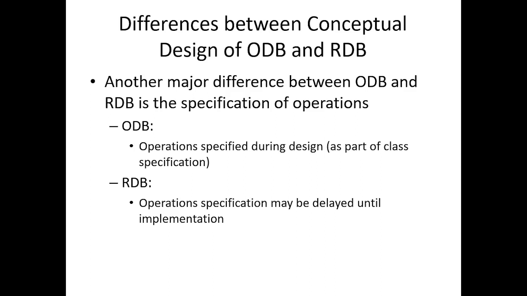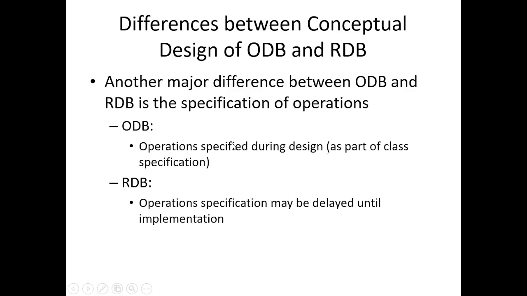Another major difference between ODB and RDB is the specification of operations. In ODB design, it is necessary to specify the operations early on in the design since they are part of the class specifications.